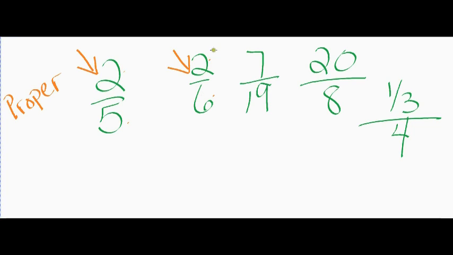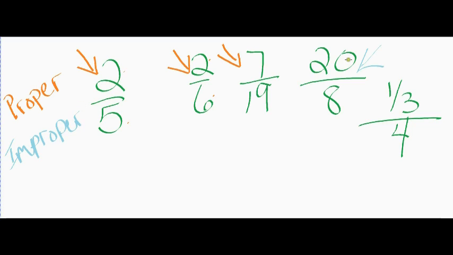So in a proper fraction, the numerator is smaller than the denominator. Oh, and this one too. Now, in an improper fraction, our numerator is going to be bigger.